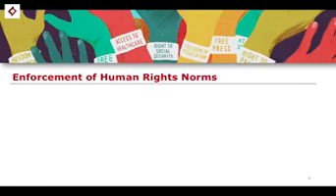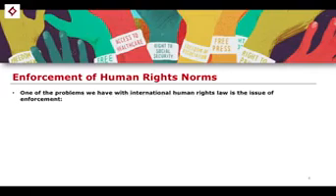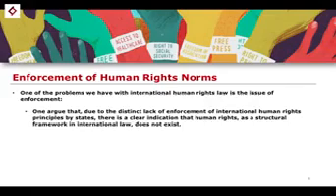The final point I want to note before we look at the scope of this series is the idea of enforcement of human rights norms. Now, one of the problems when we talk about human rights law from the international perspective is the issue of state sovereignty and that of the enforcement of these rules. Because one could argue that due to the distinct lack of enforcement in a lot of different areas of international human rights principles, there is a clear indication that human rights as a general structural framework does not even exist within international law.